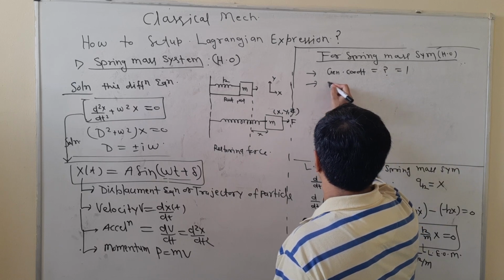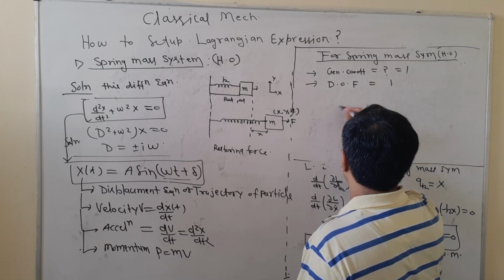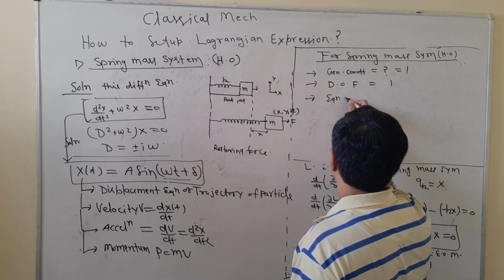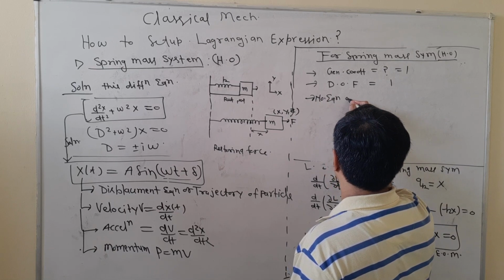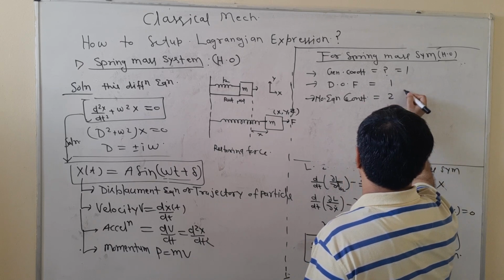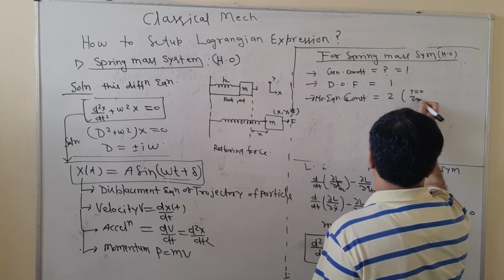Degree of freedom, which is 1. Third, the number of equations of constraints, which is 2, if the stretching motion is along x.